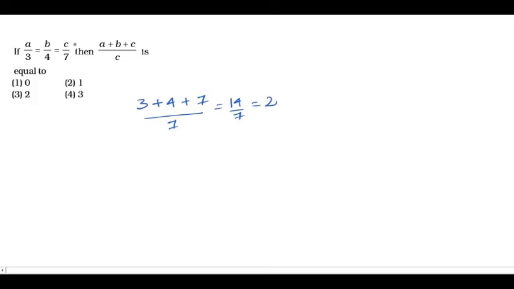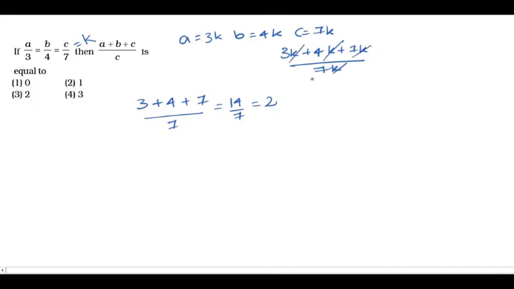You just assume these all are equivalent to a letter k or something. Then a becomes 3k, b becomes 4k, c becomes 7k. So you are basically doing 3k plus 4k plus 7k by 7k. So k gets cancelled in all the cases. So this is what we finally get.